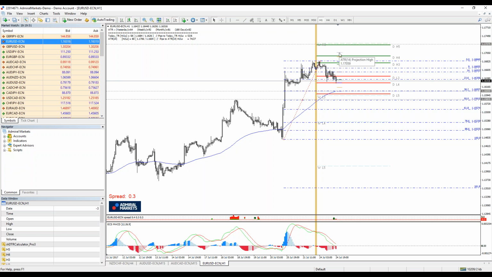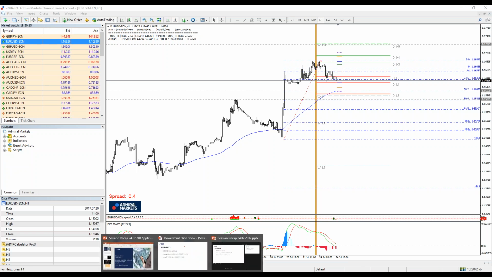ATR low, ATR projection high will be overshot. Also, daily H5 and weekly H3 here. If daily H5 changes, weekly H3 will be still the same for this whole week. So what I think is that euro dollar could reject from this spot. So let's see what will happen.